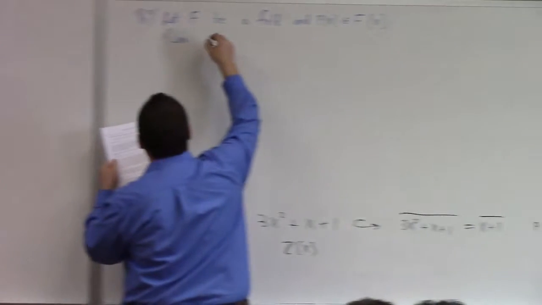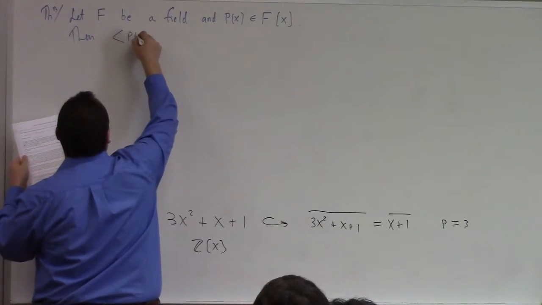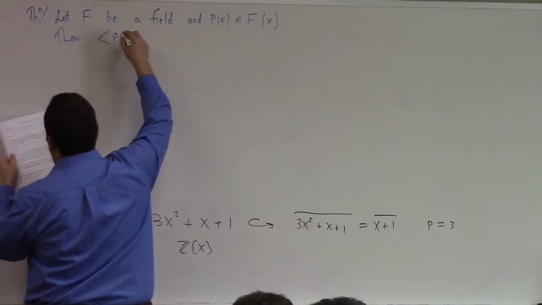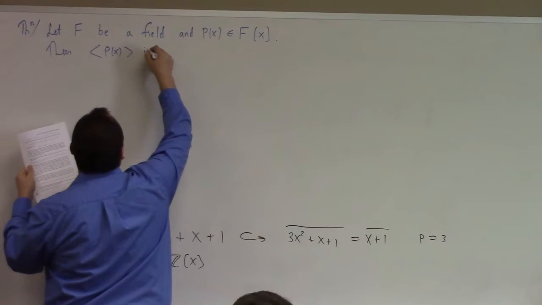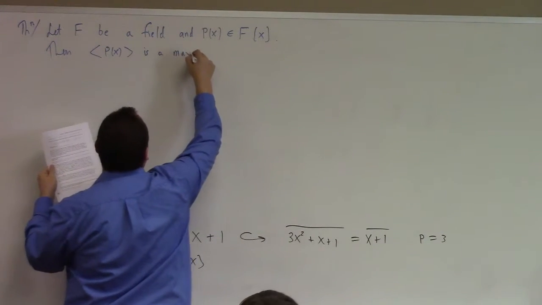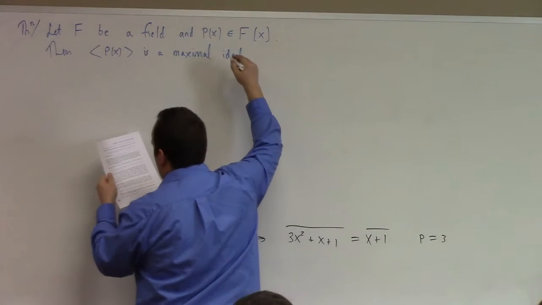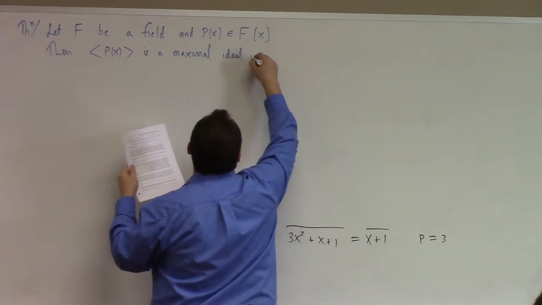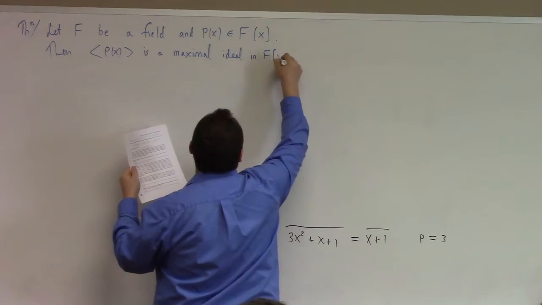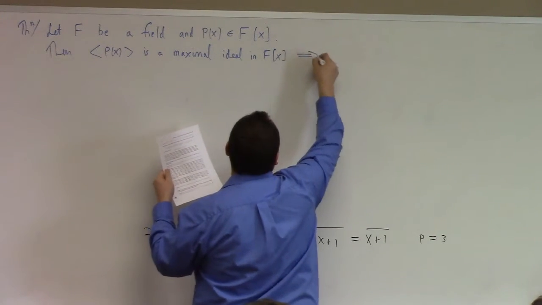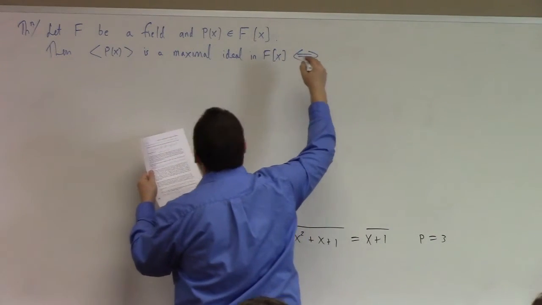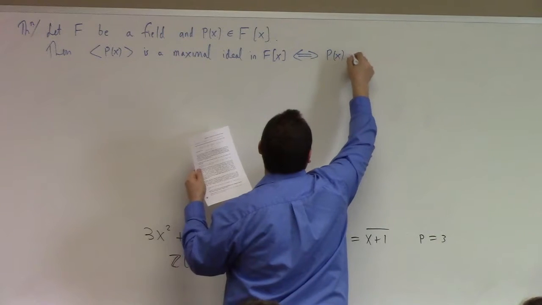Then the ideal generated by p of x is a maximal ideal in the polynomials if and only if p of x is irreducible.